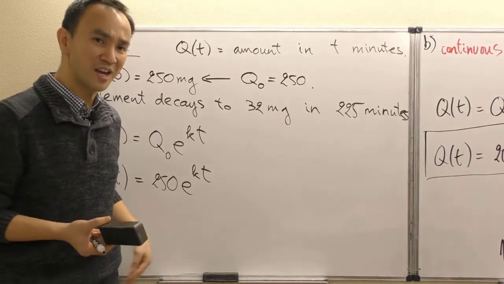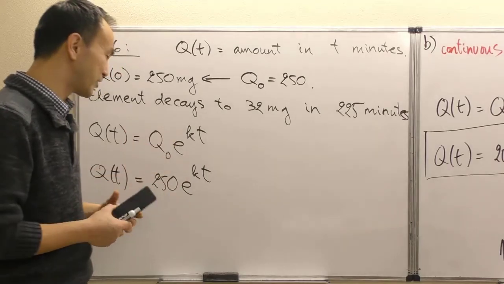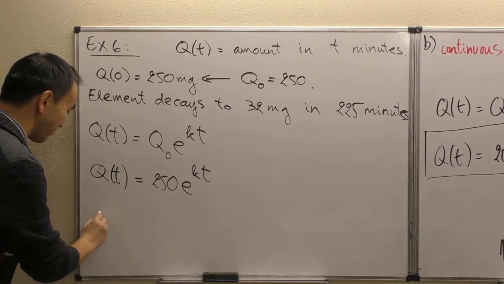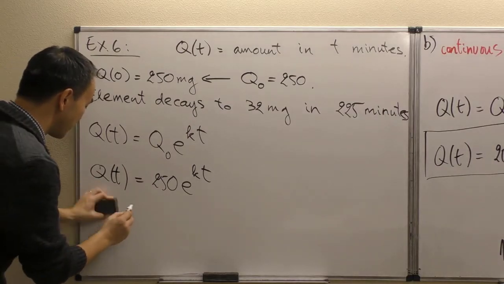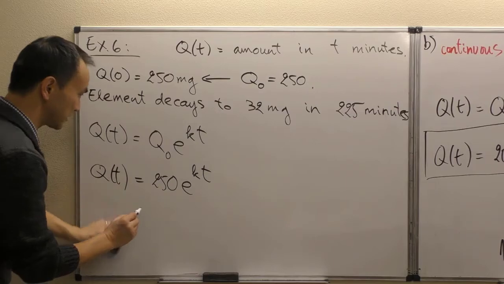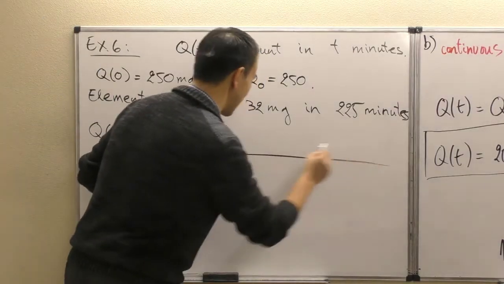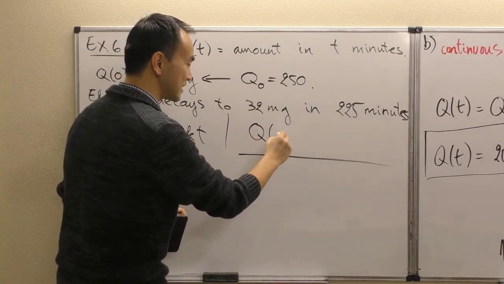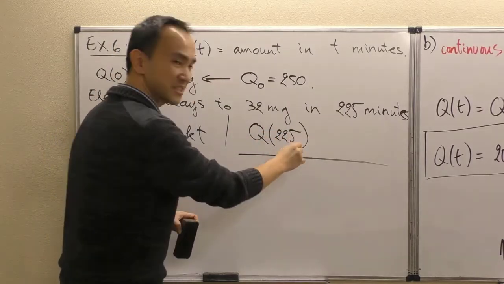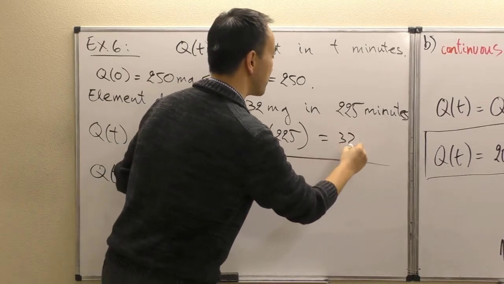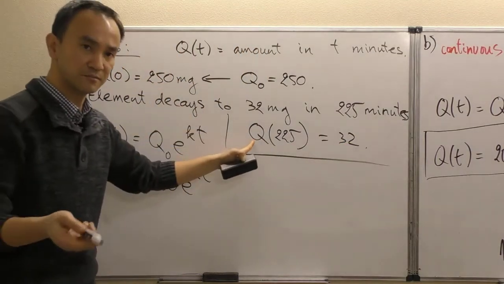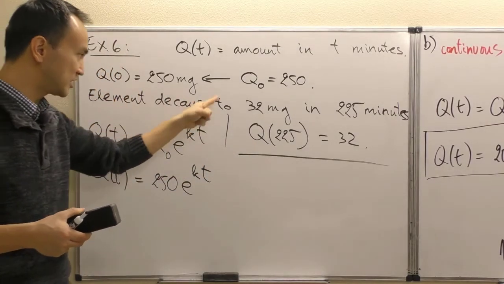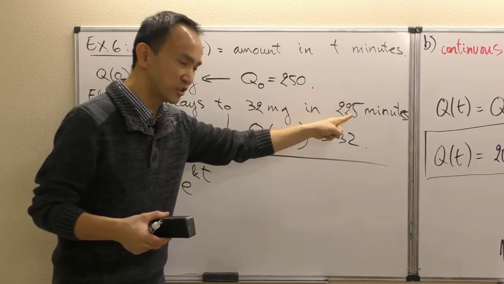From that interpretation, I see the quantity at 225 minutes equals 32. This is the mathematical understanding of this statement: the element decays to 32 milligrams in 225 minutes.